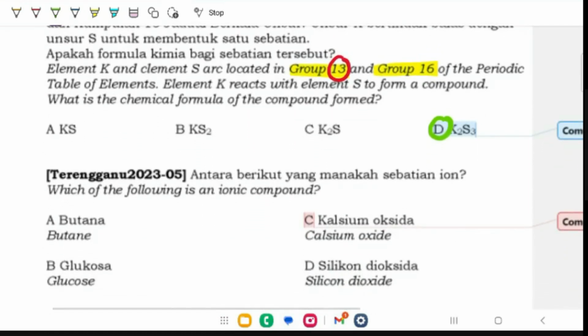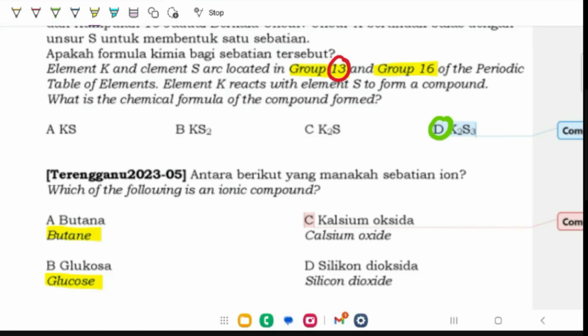Okay, how to recognize? One method is in the name. Normally, ionic compounds have 2 words. If it is 1 word, like butane or glucose, confirm it is covalent.